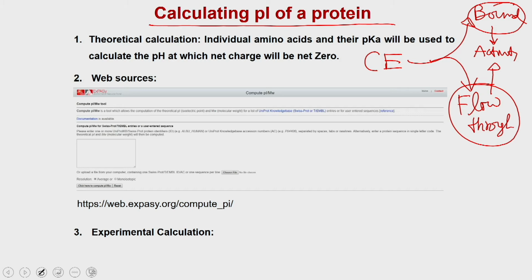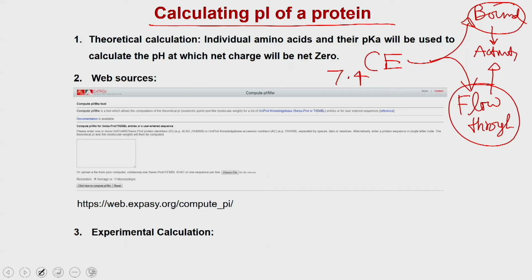Suppose they have done the cation exchange chromatography at pH 7.4, which is a standard thing because 7.4 is the physiological pH. Once they do the cation exchange chromatography at 7.4, either the protein will be present in the matrix bound phase, or it will be present in the flow through phase, which means it is not binding to the matrix.